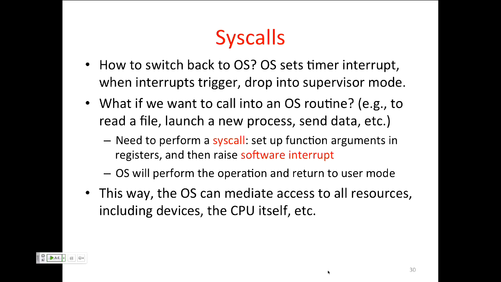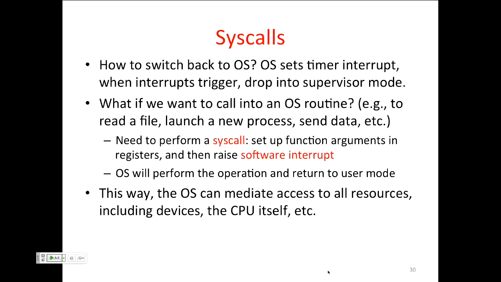Syscalls you've actually already seen in Mars. These were the things that you had to do when you, for example, wanted to write to the console in Mars or exit your application. So a syscall is basically like a function call into the operating system. And the way they implement it is that for a syscall, you first put all the arguments to that function into registers that you need. And then you have a special instruction that raises what's called a software interrupt.